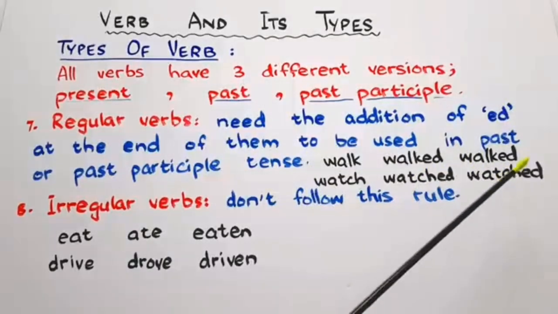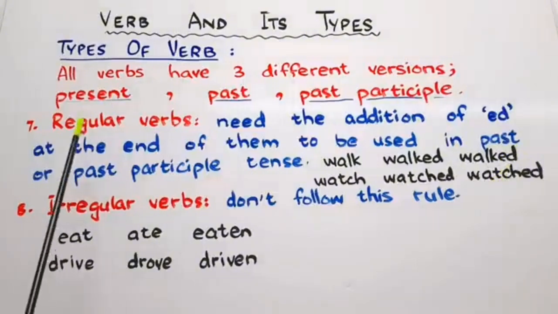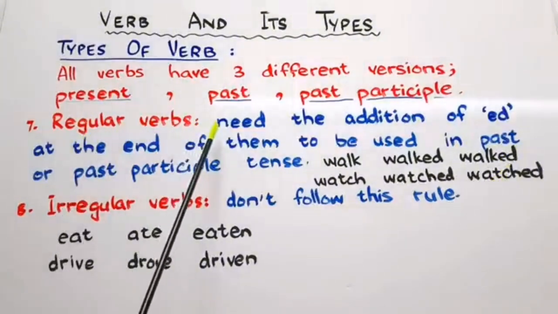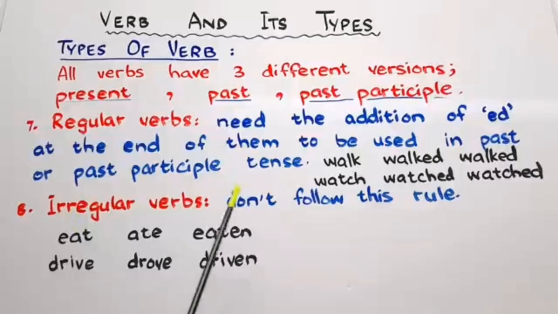So the verbs that follow this pattern are called regular verbs. However, if the verbs do not follow this rule or this pattern, they are called irregular verbs, like eat, ate, eaten. The past and the past participle form are totally different.